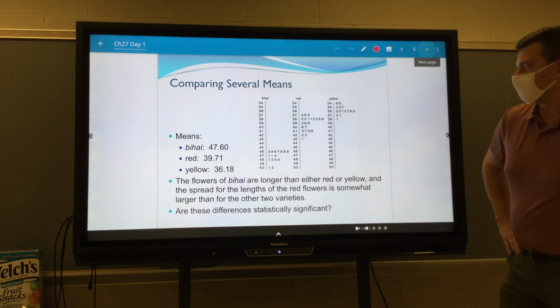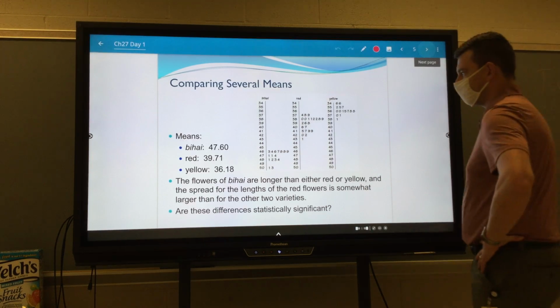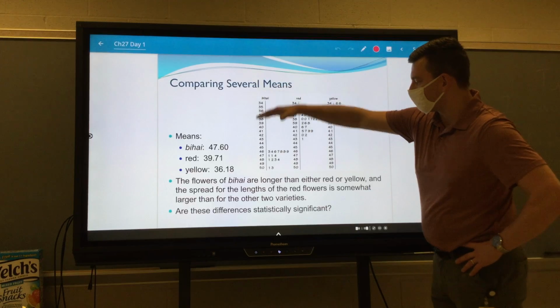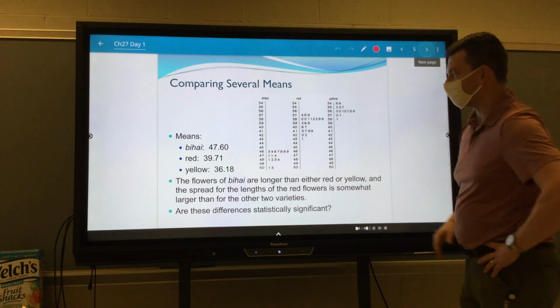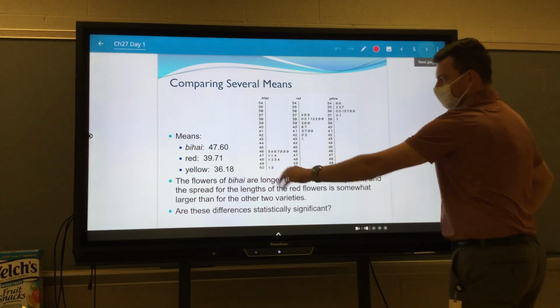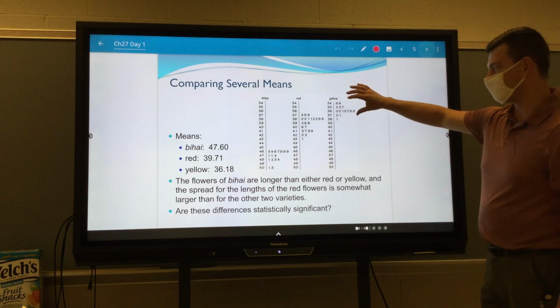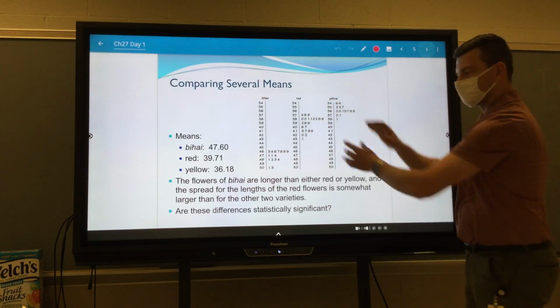So here we have a stem plot of our 3 distributions. And again, we're starting small at the top, longer lengths on the bottom. We see the Baihai at the top end, the red varieties in the middle, the yellow varieties on the short end, and the red and the yellow are closer together.